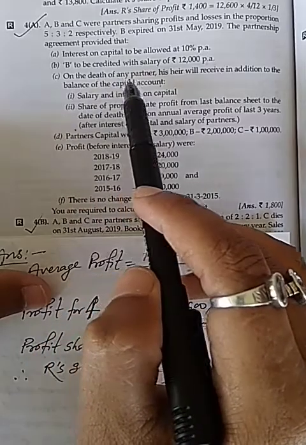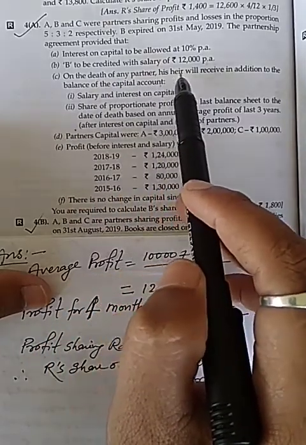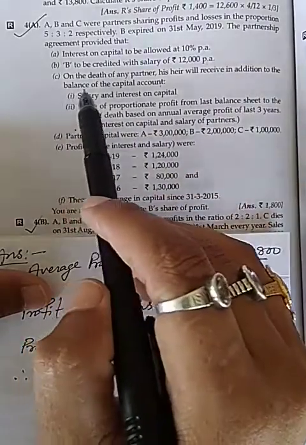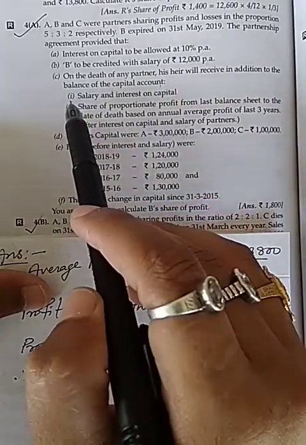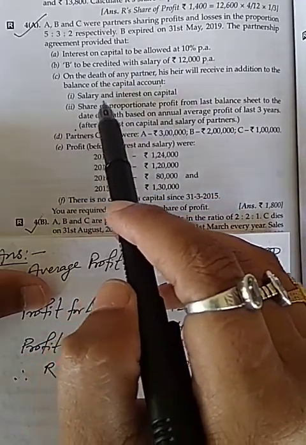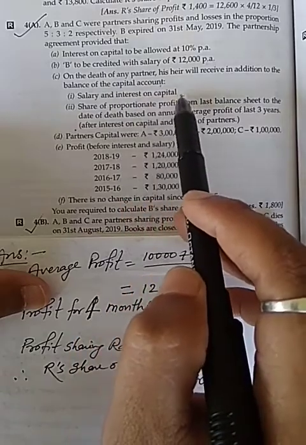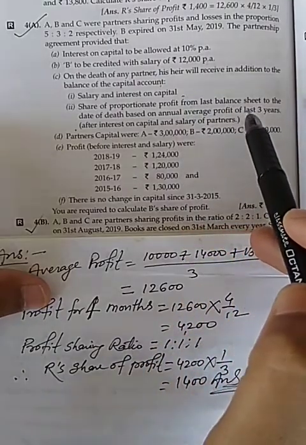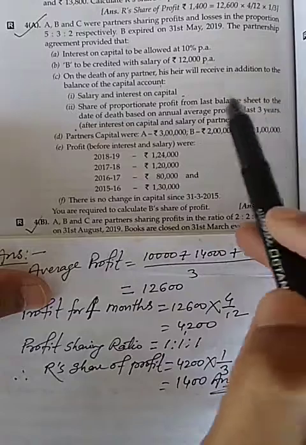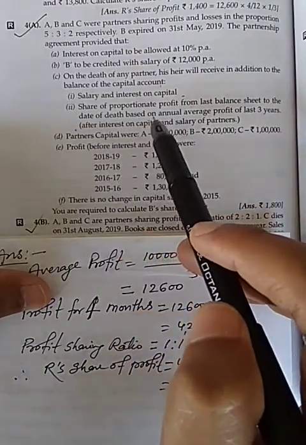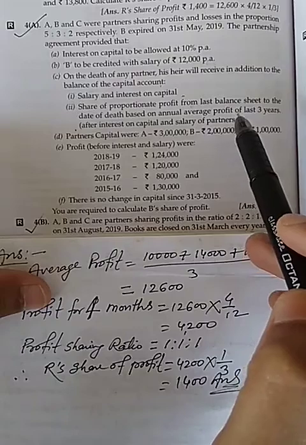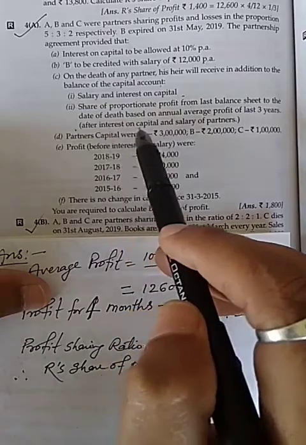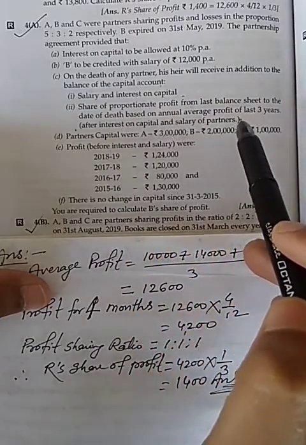On the death of any partner, his heir will receive, in addition to the balance of capital account, first, salary and interest on capital, and share of proportionate profit from the last balance sheet to the date of death based on annual average profit of the last 3 years after interest on capital and salary of partners.